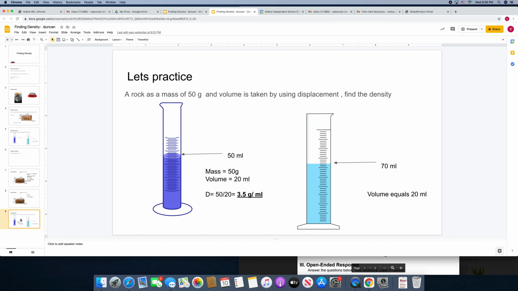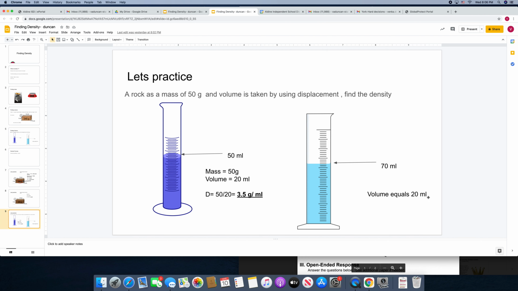So we know that our mass is 50 grams and then we need to find our volume. Our container on the left started with 50 milligrams and we added a rock and it went up to 70 milligrams. So the volume equals 20 milligrams.